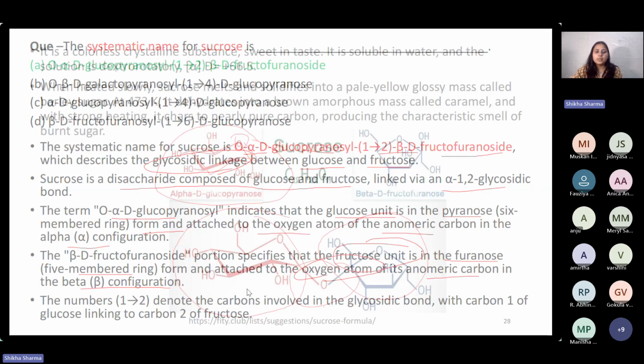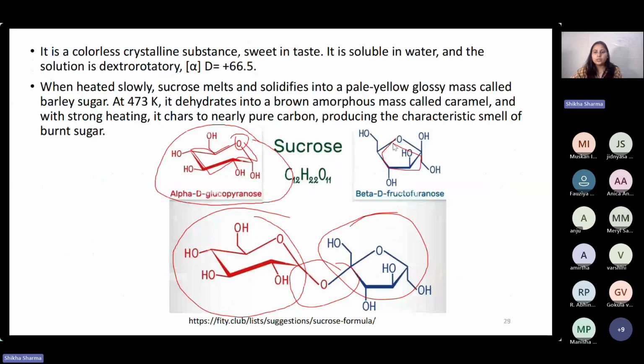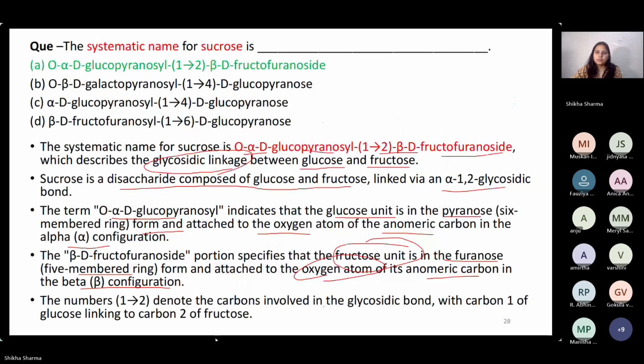So here there is a 5-membered ring and oxygen is attached here. So the number 1, 2 here. So we understood this part and then this part also we understood.